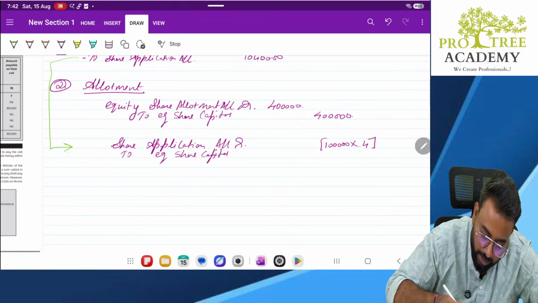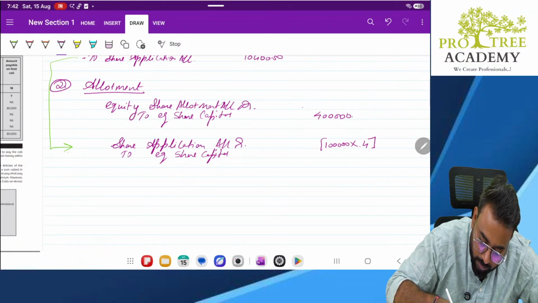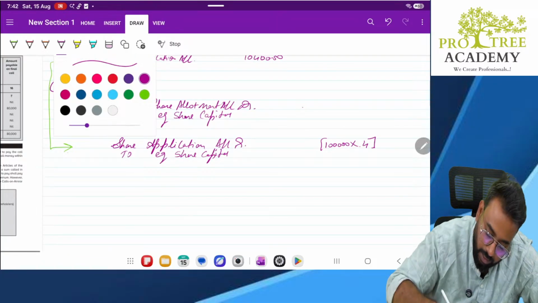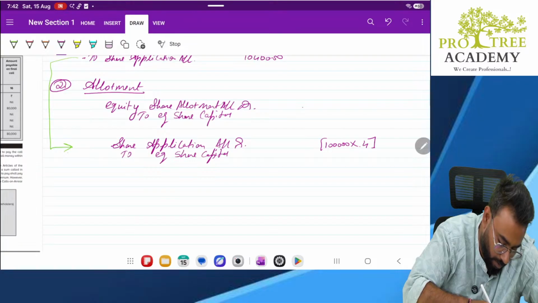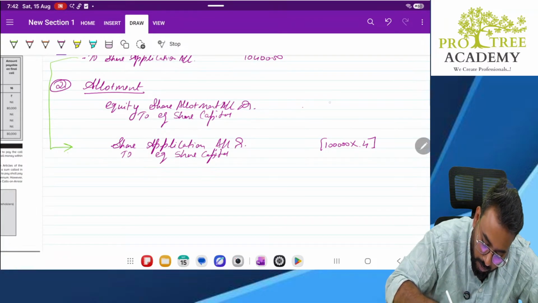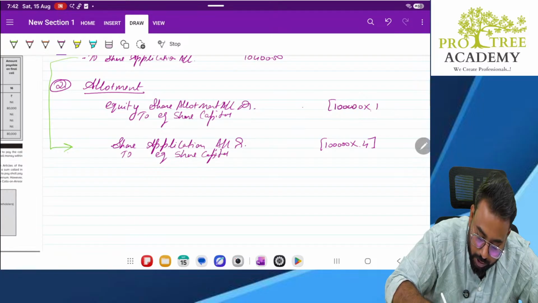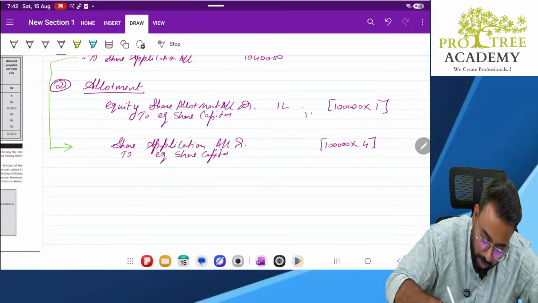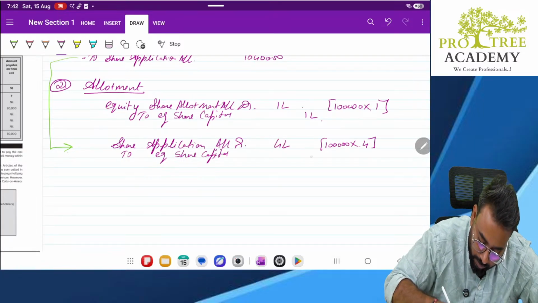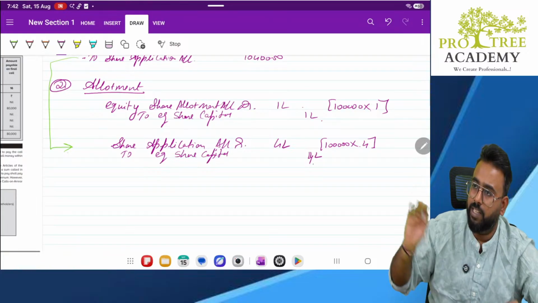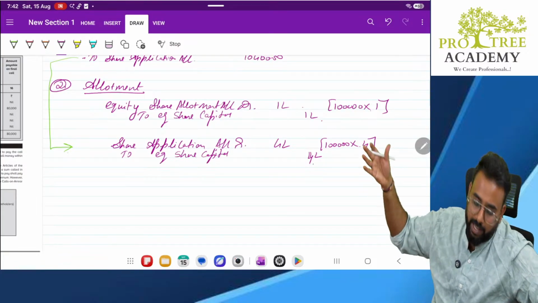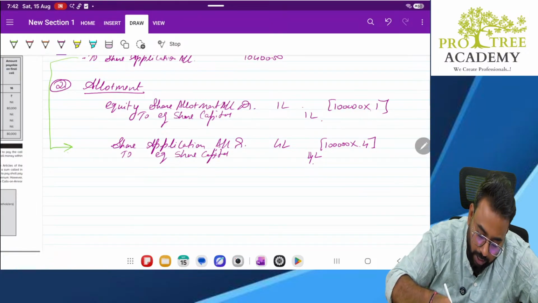Sorry, guys, here it is not 4 lakhs. Allotment money which we have to receive is not 4 lakhs. It is 1 lakh into 1 rupee each on allotment. So it is 1 lakh. Here it is 4 lakh. Don't use any rocket science. Don't go back to the table again and again. All these things can be solved here only.